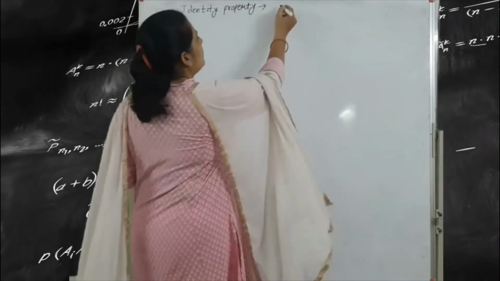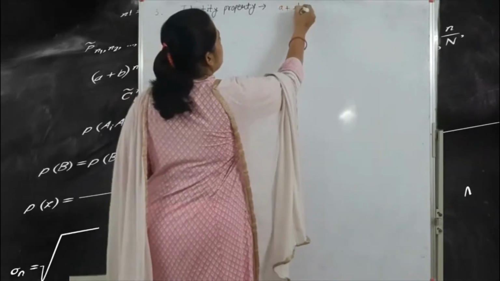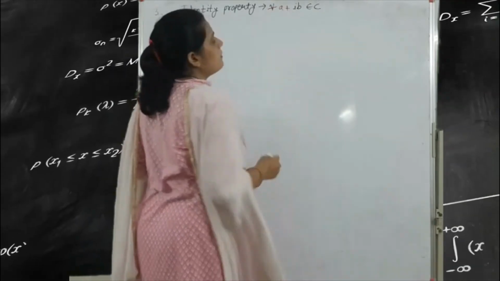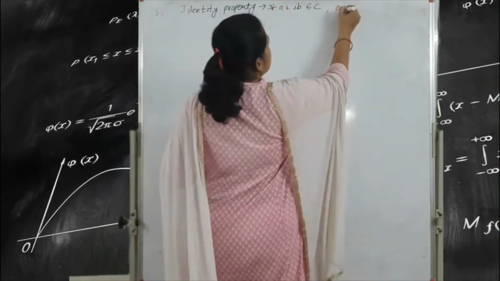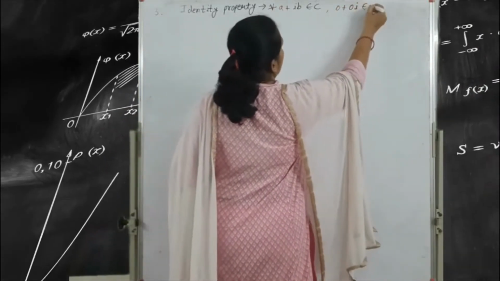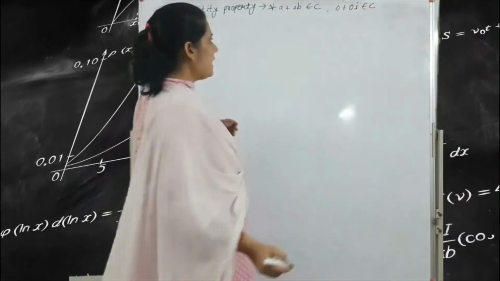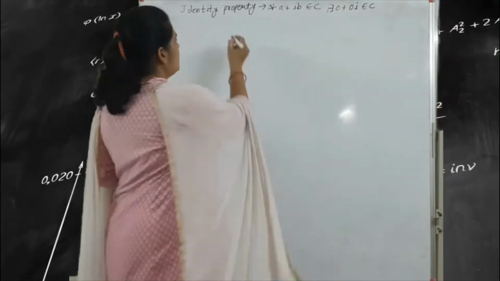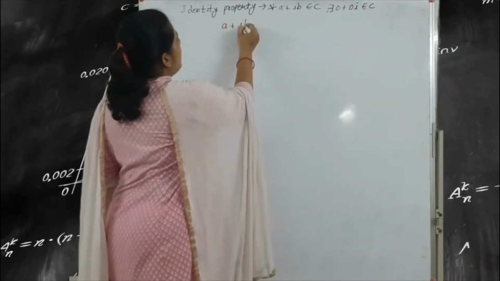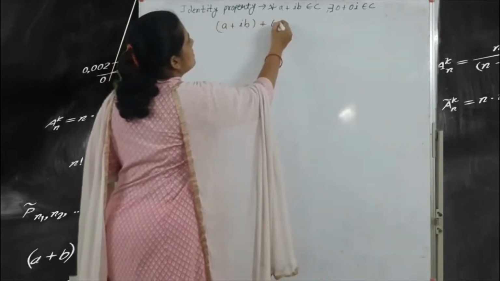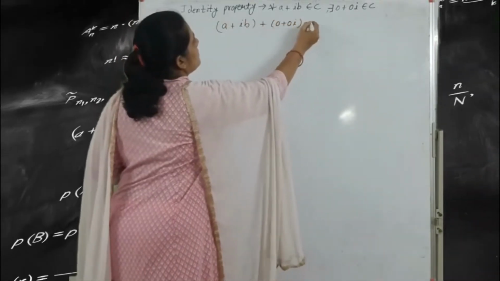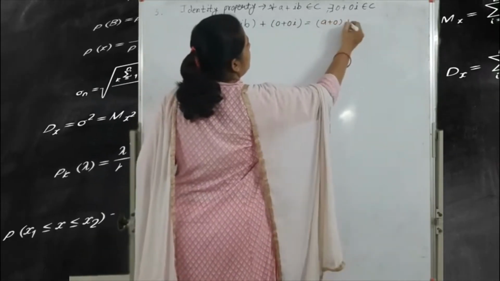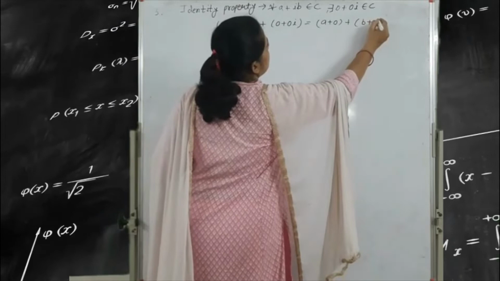For example, for all a + ib belonging to C, 0 + 0i also belongs to C. Then (a + ib) + (0 + 0i) is equal to (a + 0) + (b + 0)i.